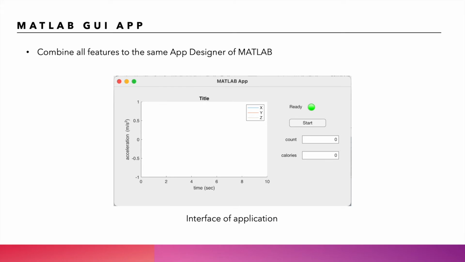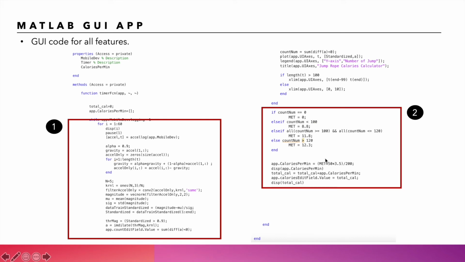Let's talk about the MATLAB GUI app, where I combine all features into the same application. This figure is the interface of the application, which has the count number and calorie calculation. Let's go to the GUI code. I will start with the first rectangle, which is about counting the number of jumping rope skips that I mentioned in the previous slides.